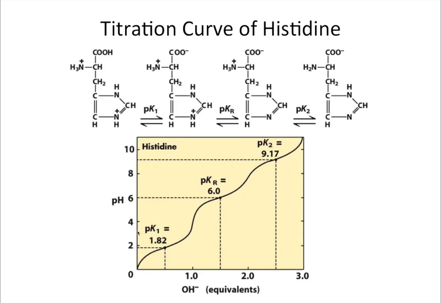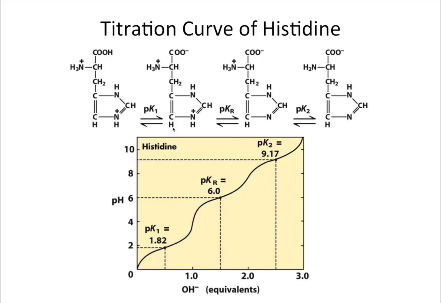So in this case, you start with the protonated amino group and protonated carboxylic acid group, and you start to add base. You can see this first pKa transition is shown here at 1.82, and again, this is like a buffer region, even though there's no blue box here.